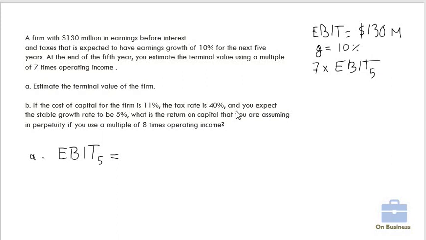And therefore, the first thing I have to do is get the EBIT in 5 years, and this is going to be the EBIT right now, which is $130 million multiplied by 1 plus 10%, which is the growth rate, and raised to the power of 5, which is the number of years that we still have.